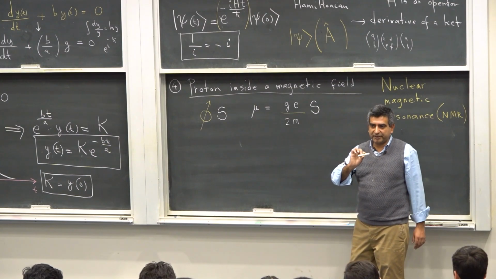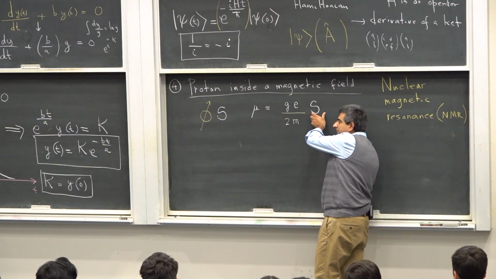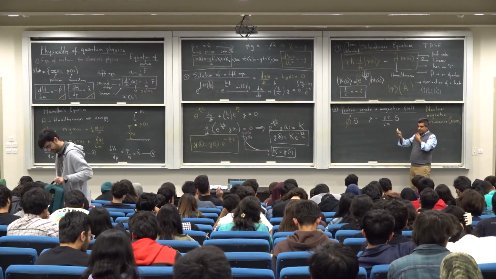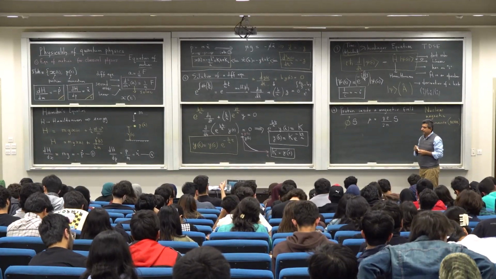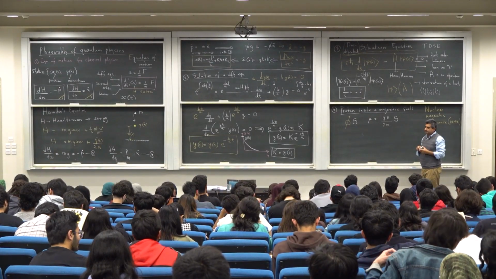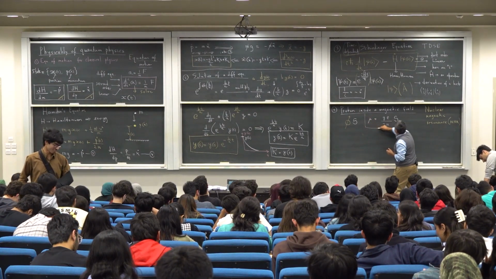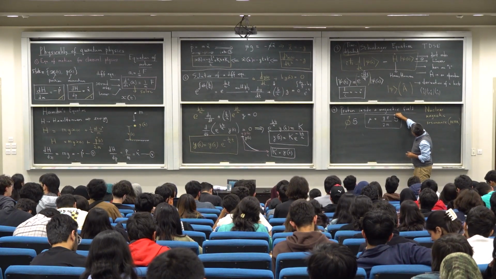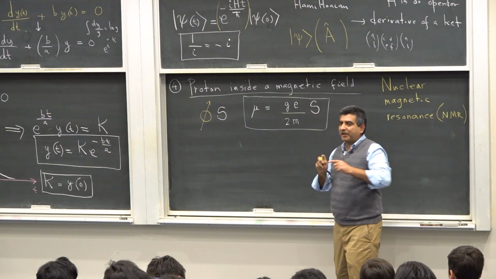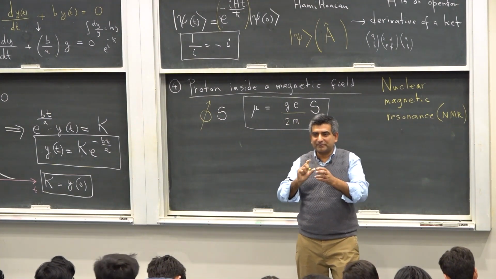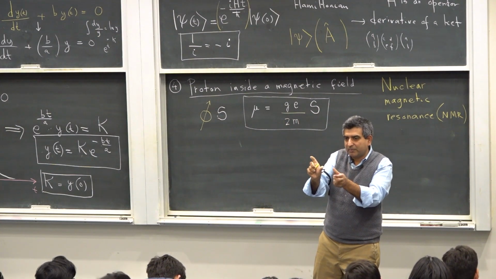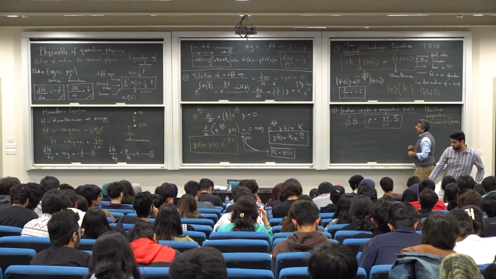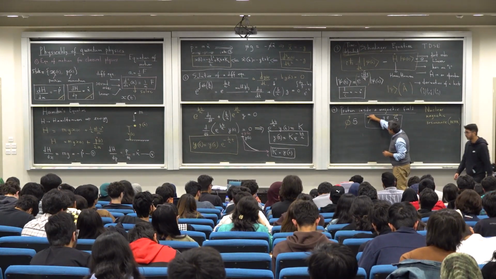We've already derived this relationship. Associated with an angular momentum, there is a magnetic moment. And this was our derivation. And since angular momentum, now we're not talking about the orbital motion, we're talking about the spin angular momentum of a proton, it's a vector, so the magnetic moment is also a vector.